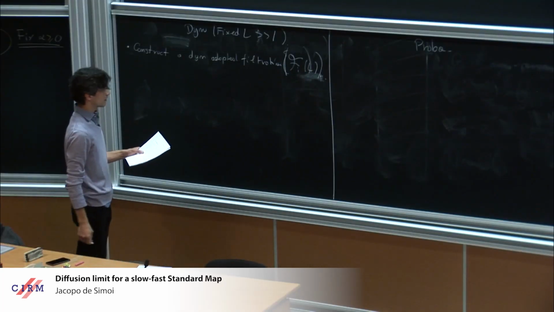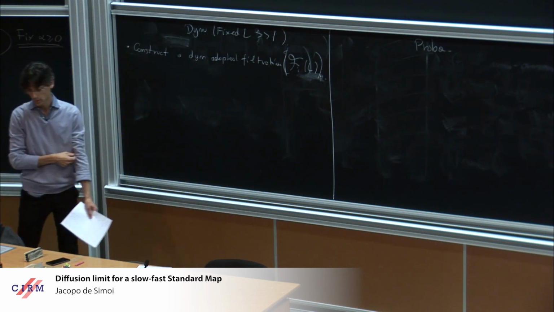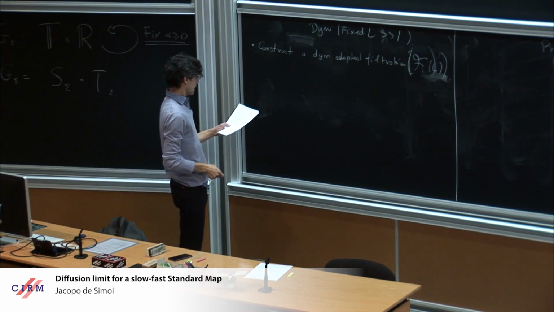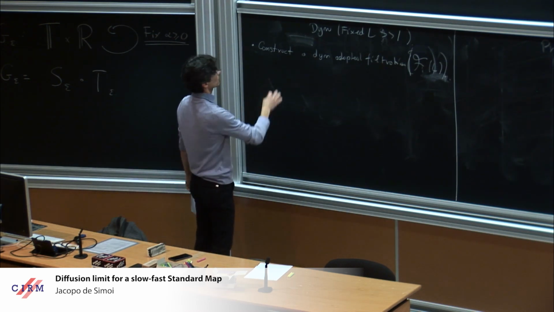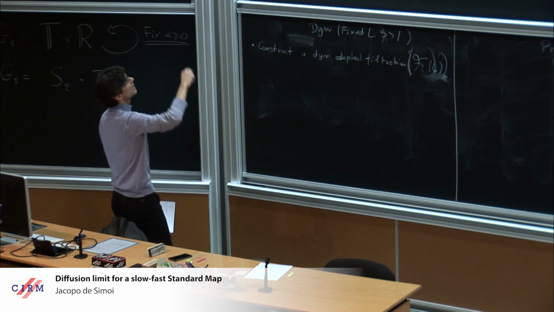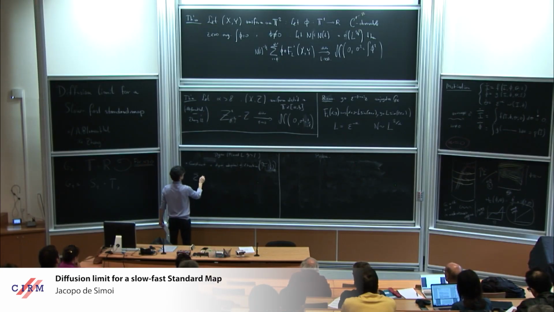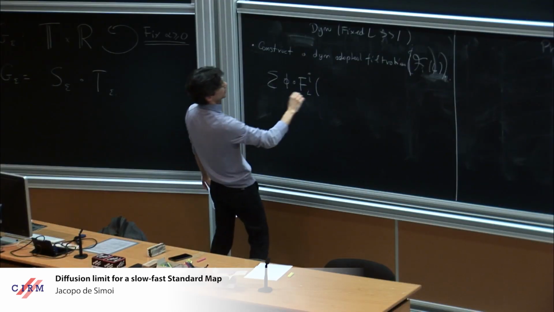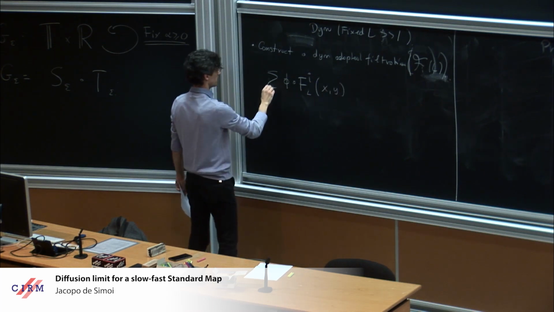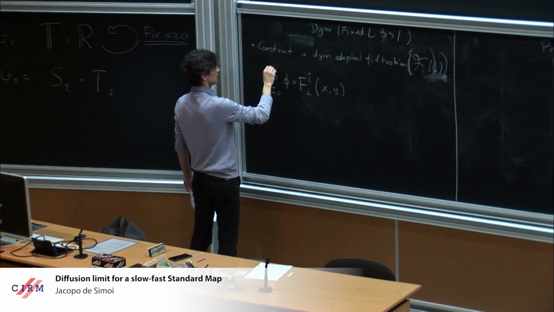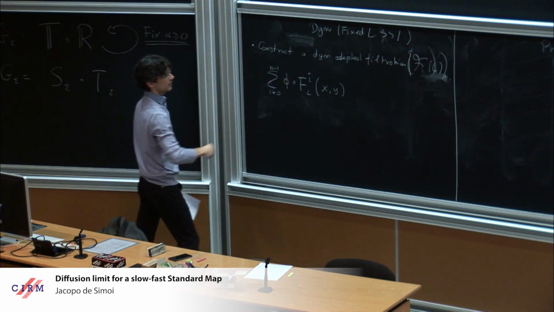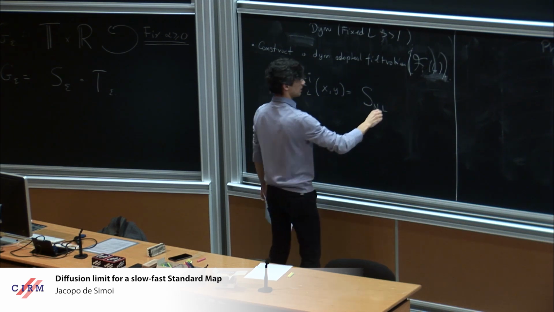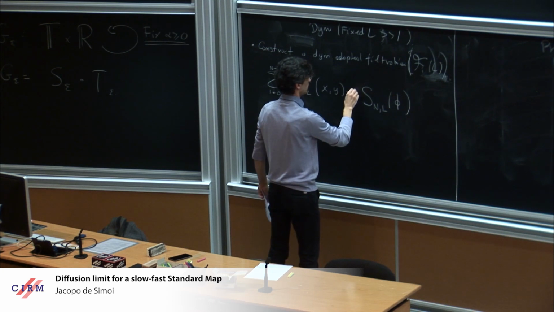And this filtration, of course, is a filtration with sigma algebras, which are sub-sigma algebras of Borel, for instance. And then what do we want to do? We want to study the Birkhoff sum of this map from, say, 0 to n minus 1. And let me give this a name, Birkhoff sum S_{n,L} of phi. That's a definition.